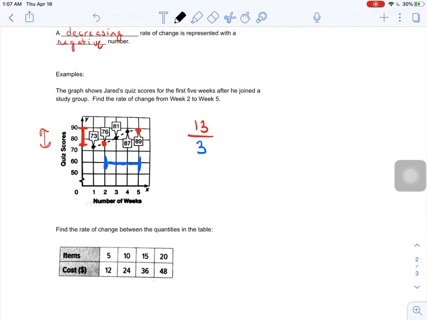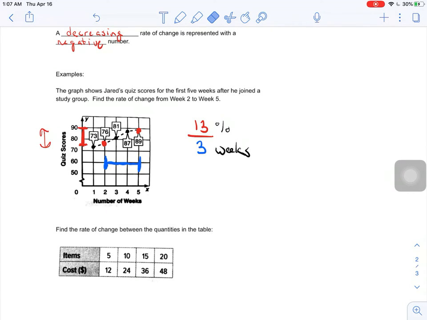So if we were to add units on here, we would say 13, and we're assuming we're tracking our quiz scores in percent. So 13% over 3 weeks. So his score increased 13% over a 3-week time, and the graph is going up, so our rate of change would be positive. So we don't have to actually put the plus sign there. If there's no sign, we know it's positive.